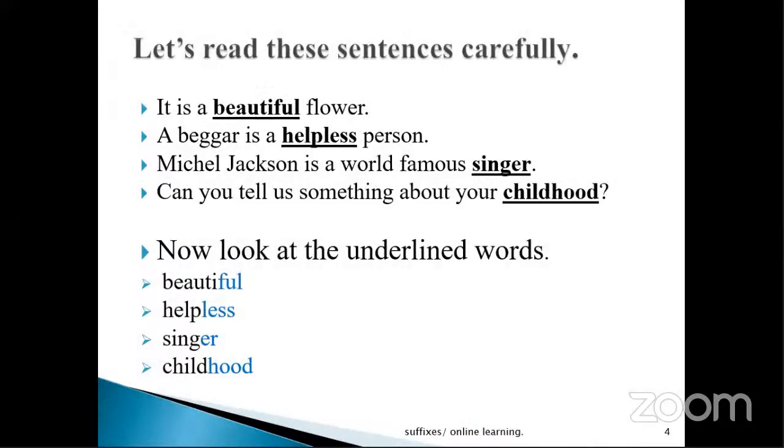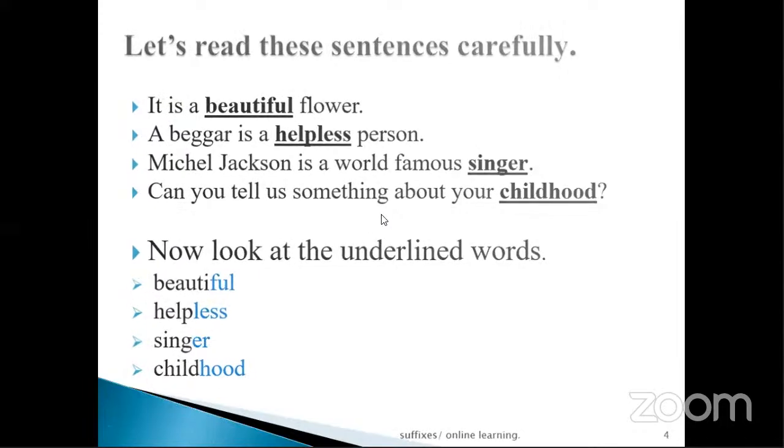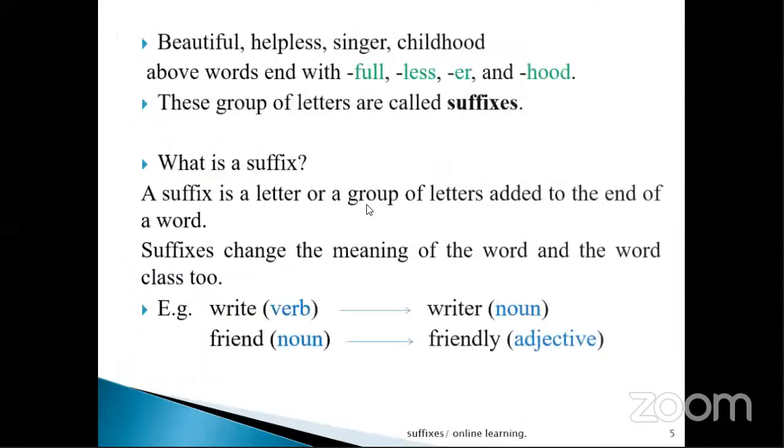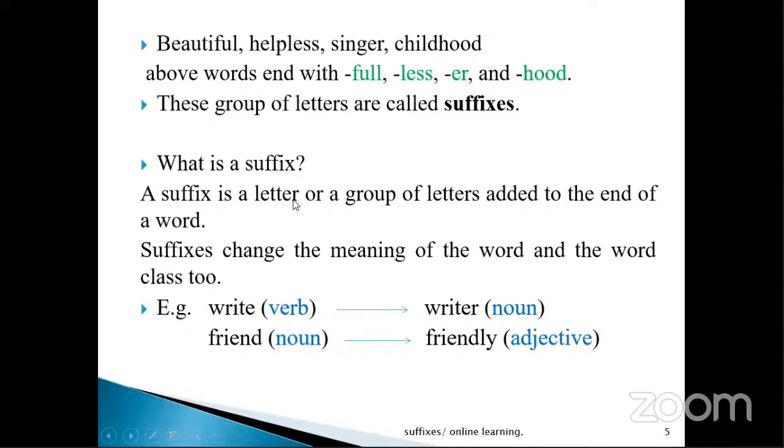lesson that we learned earlier, about the suffixes. In that lesson we learned that a suffix is a letter or a group of letters added to the end of a word, right?